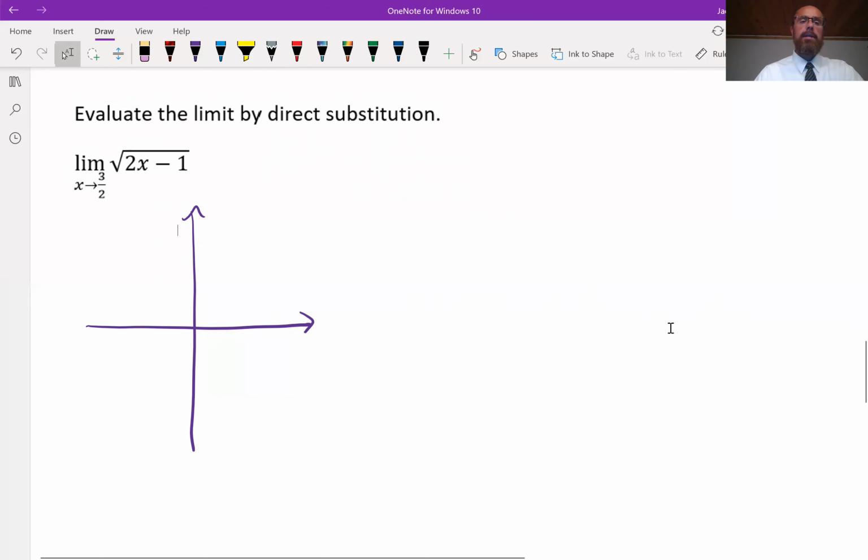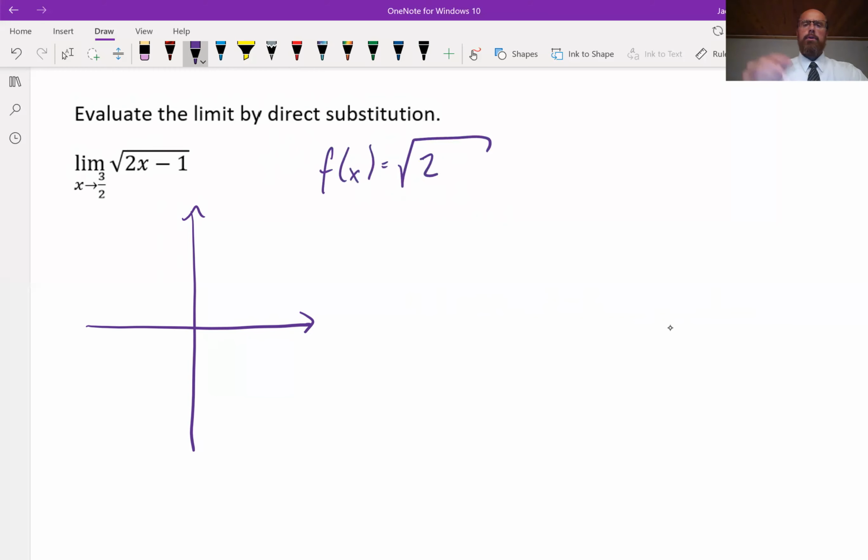So we'll write it. It's f of x equals square root of 2x minus 1. Definitely, this is a function we could use a table to evaluate. But since our limit value is a decimal, 3/2 or 1.5, let's just get the graph's rough shape. And then we can evaluate by direct substitution.